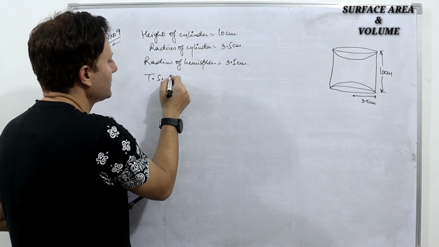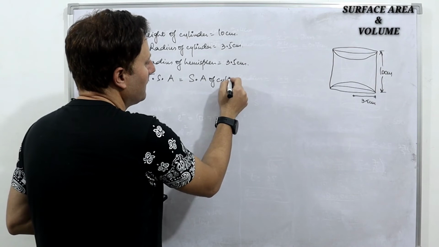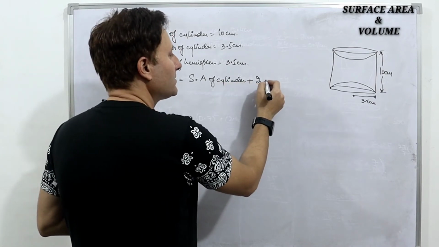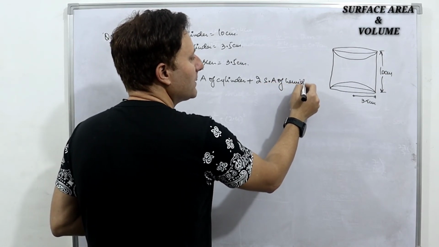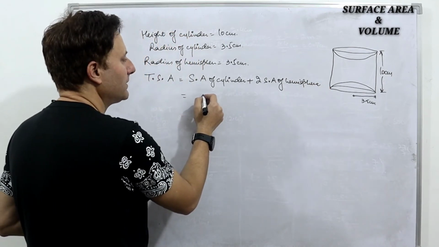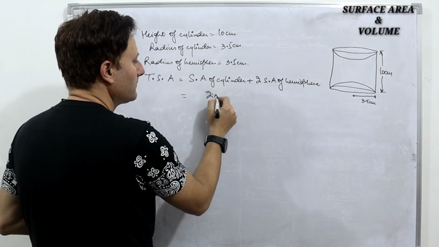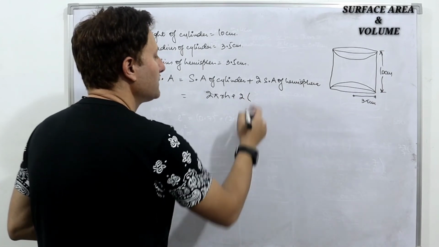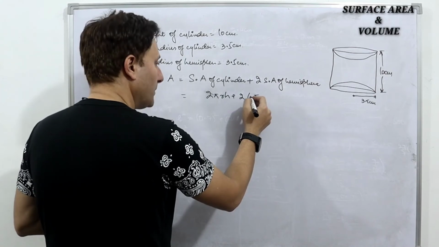Total surface area, it will be surface area of cylinder plus twice the surface area of hemisphere, because we have two hemispheres. That's the reason I have put it twice here. Surface area of cylinder is 2 pi r h, and twice surface area of hemisphere, that is 2 pi r square.